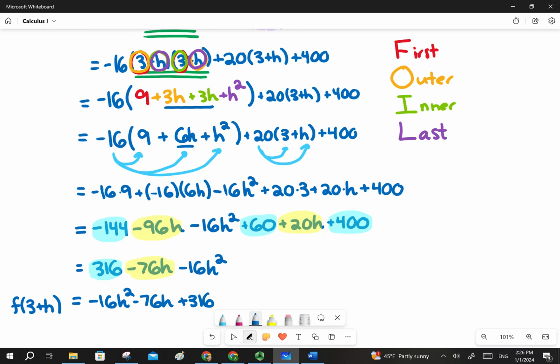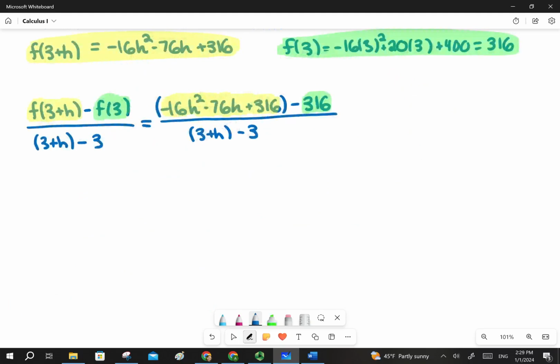We are finally ready to plug this expression into our rate of change formula. Using that f of 3 plus h equals negative 16h squared minus 76h plus 316 and f of 3 equals 316, f of 3 plus h minus f of 3 over 3 plus h minus 3 is equal to negative 16h squared minus 76h plus 316 minus 316 all over 3 plus h minus 3.